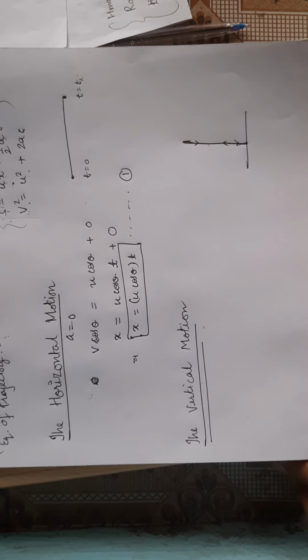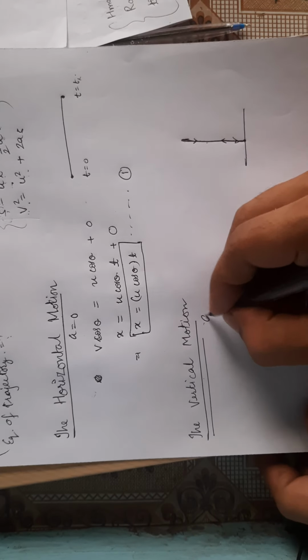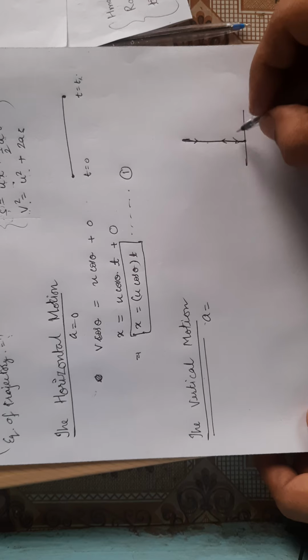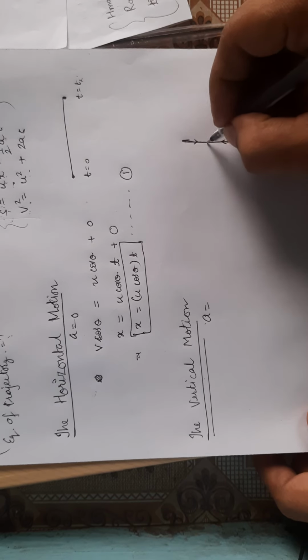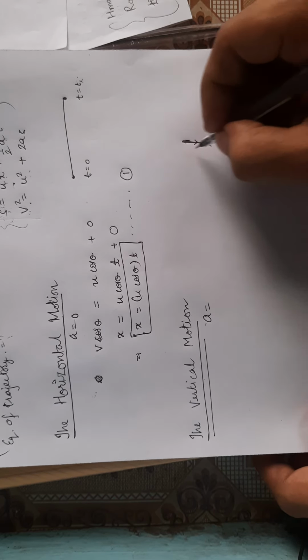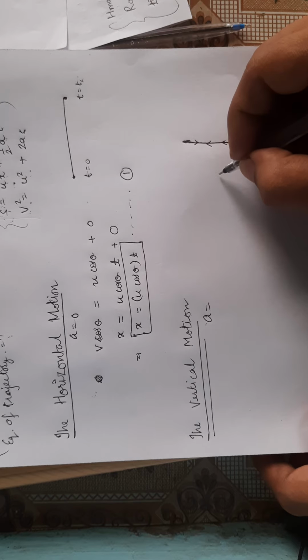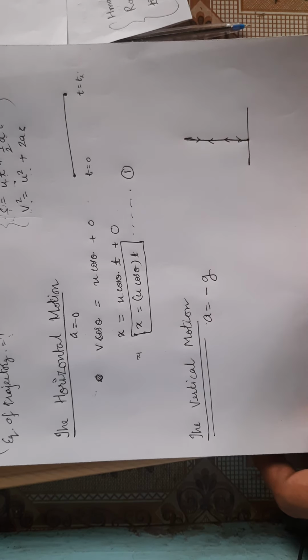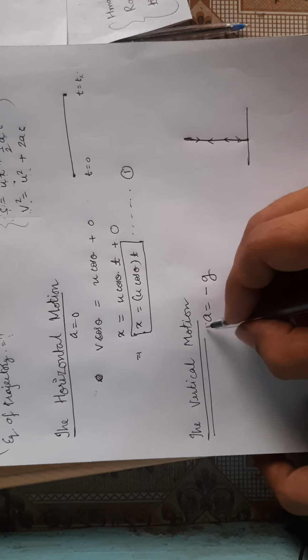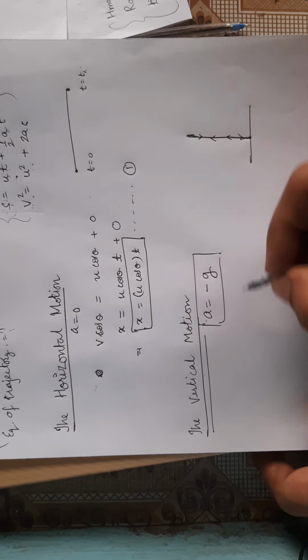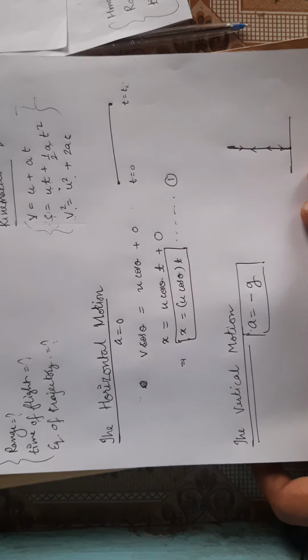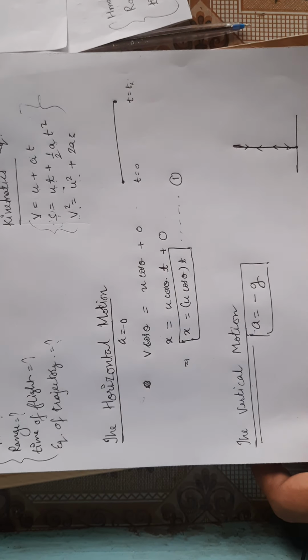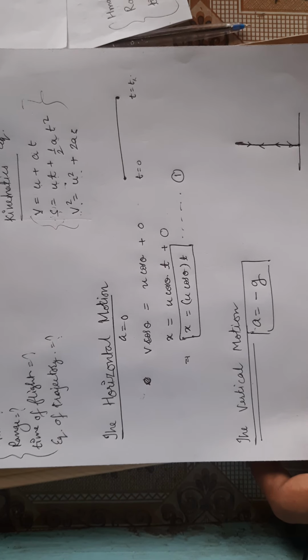Okay, here the particle goes in the upward direction, so it opposes the gravitational force, so we take the acceleration as negative g. So what will be the kinematic equation for this motion?